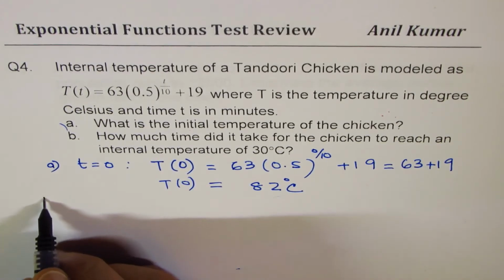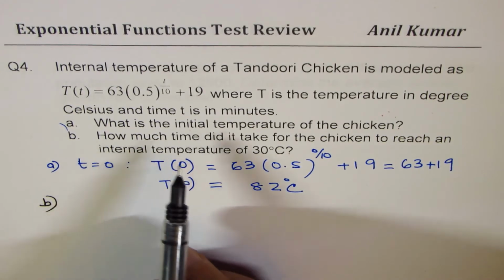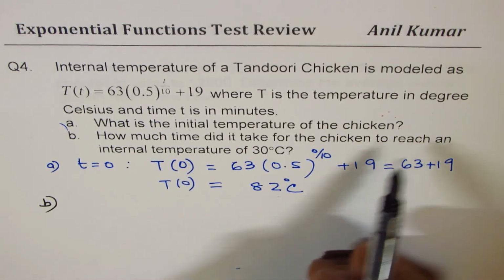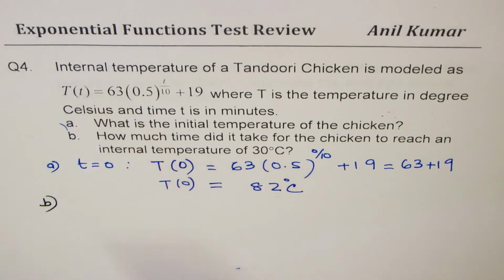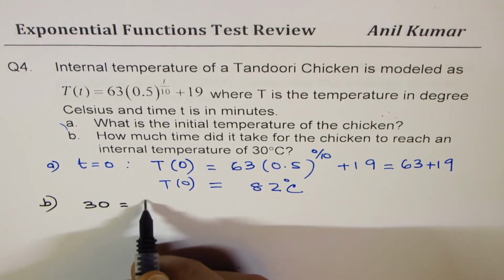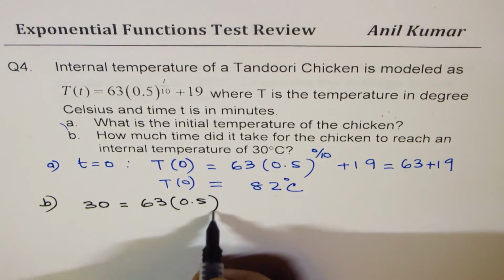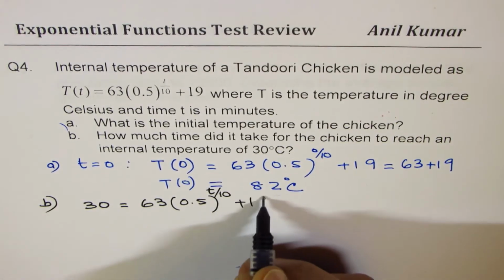Now let's do part B. How much time did it take for the chicken to reach an internal temperature of 30 degrees Celsius? So we are given capital T this time. We'll write capital T equals 30 degrees equals 63 times 0.5 to the power of t over 10 plus 19.